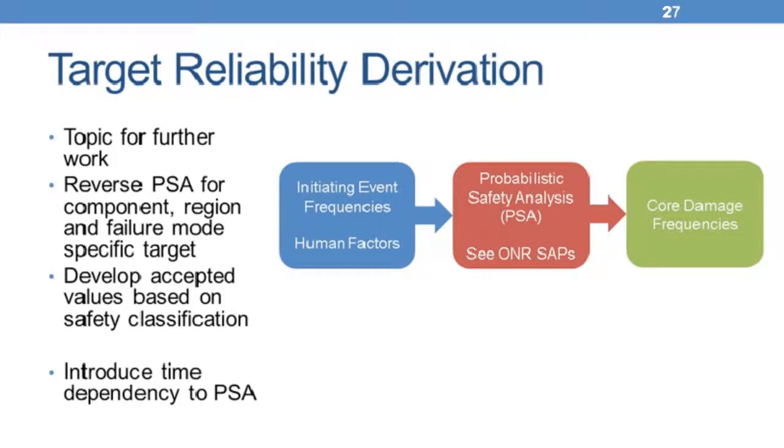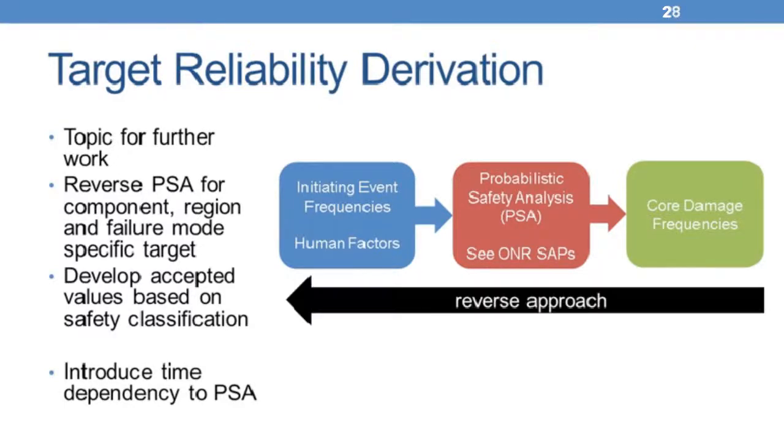Firstly, it's conceptually possible to use the probabilistic safety assessment, or PSA, type approach in reverse. And normally this approach is used to establish damage frequencies and dose rates from initiating event frequencies and human factor inputs using a probability event tree type approach.